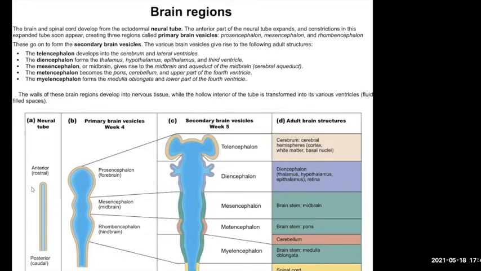The garden hose wall was like the neural tissue. And then the inside here was this fluid filled space. And then you started to get these constrictions in the anterior region of it. And they started to blow up, right? The tissue expanded and then started to form these structures, right?